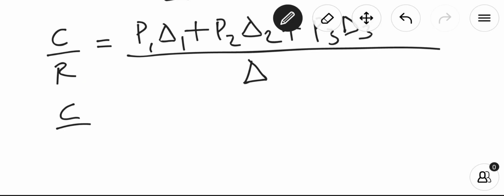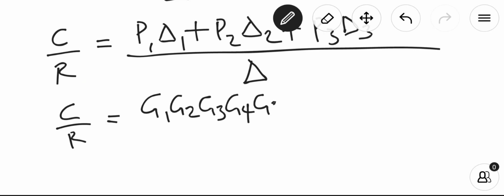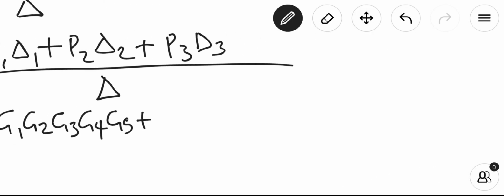So we're going to have this after substituting, G1, G2, G3, G4, G5, plus then P2 is G1.